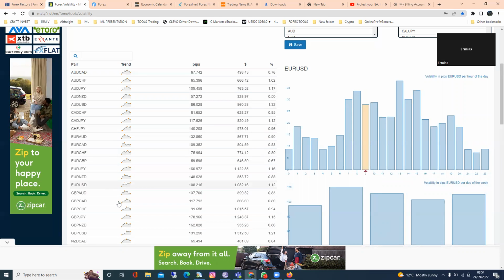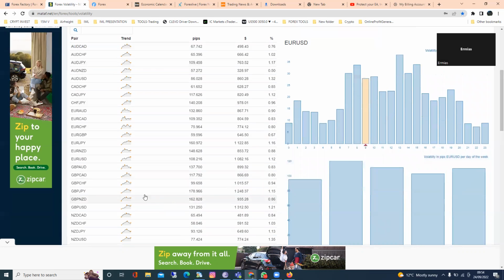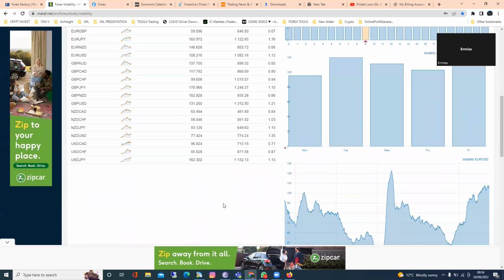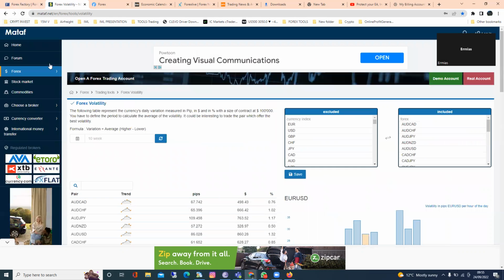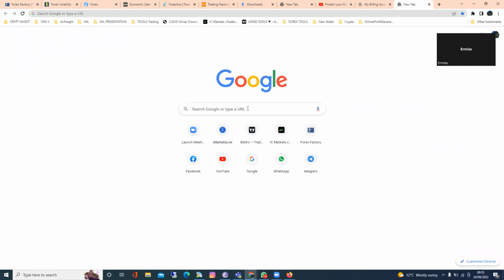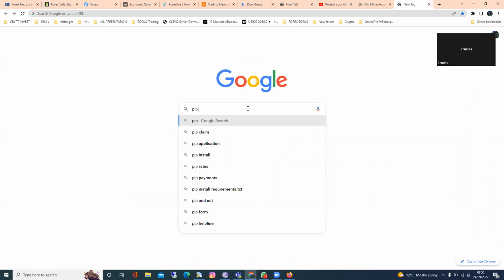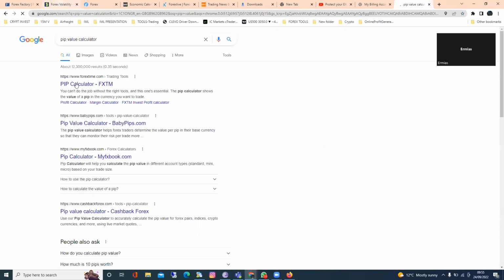For things like pound dollar, let's say pound dollar, oh, there's a place where we can see pip values. Bear with me a second. Everything depends on the exchange rate.